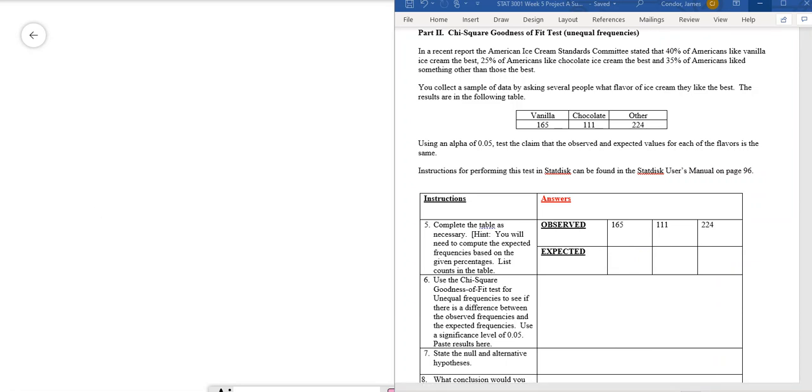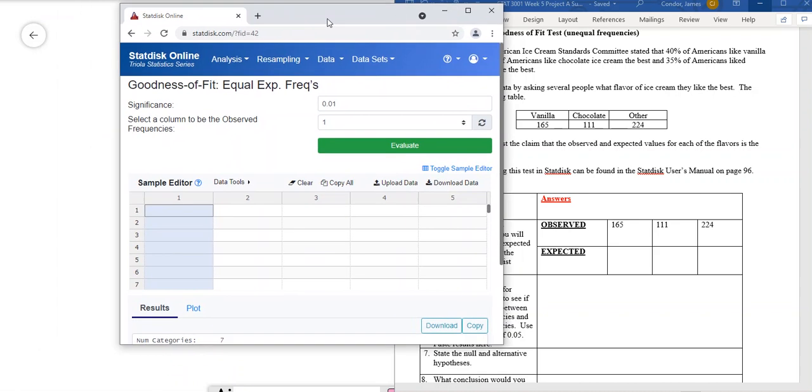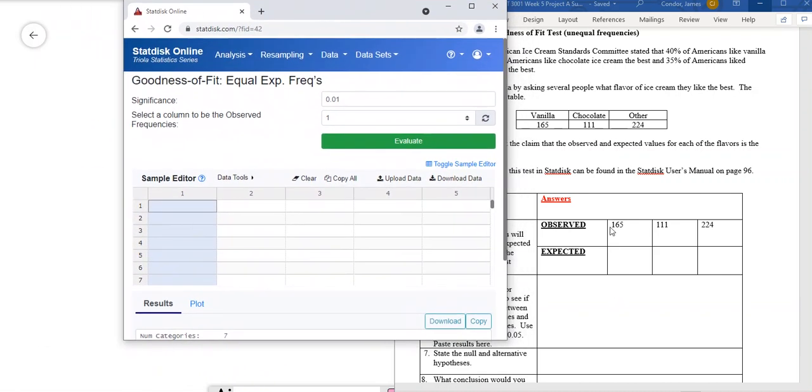StatDisk. So let's go to StatDisk and get rid of those. All right. So what I need is my table here. The observed are going to go in column 1. So 165, 111, 224. All right.